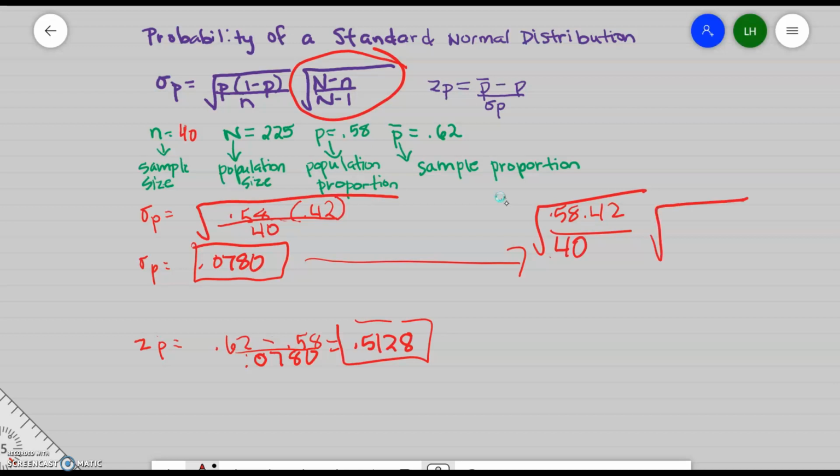And since I erased it, I just need to look at it again. 225 minus 40 over 225 minus 1. So let's compare it.